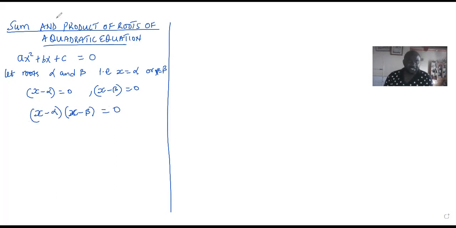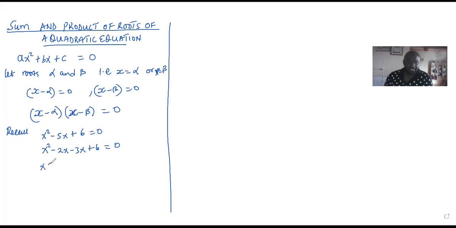Just like you've been seeing, if you recall, when you have x squared minus 5x plus 6 is equal to 0, two numbers multiplied give 6 and added give negative 5. Those two numbers give x squared minus 2x minus 3x plus 6 is 0.